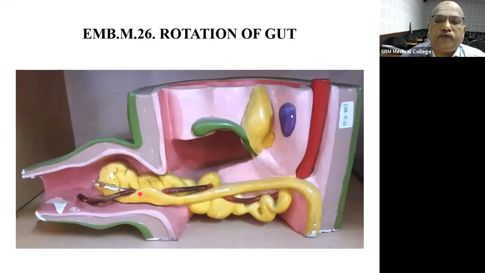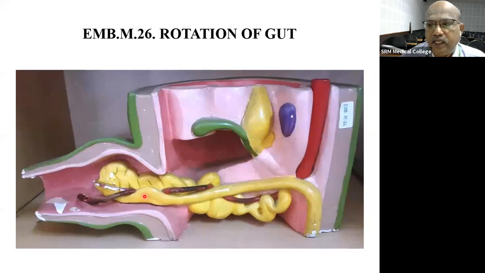During the final rotation of the gut, it will reduce into the abdomen once again. Re-entry of the herniated organs into the abdomen is called reduction. That is the medical terminology. So reduction of physiological hernia.